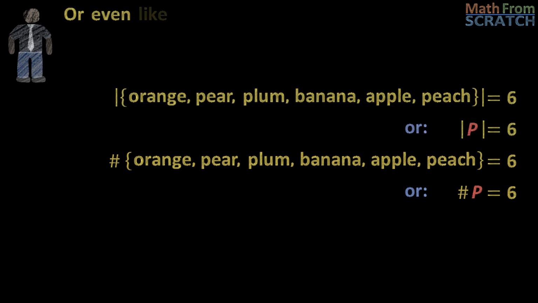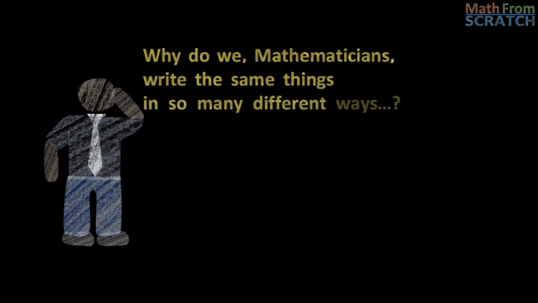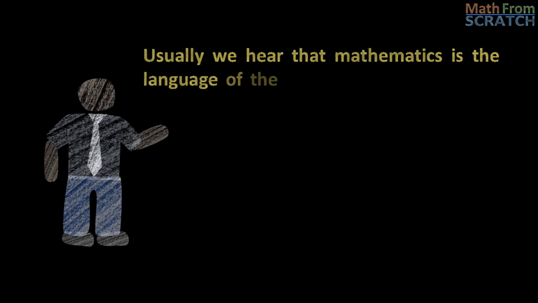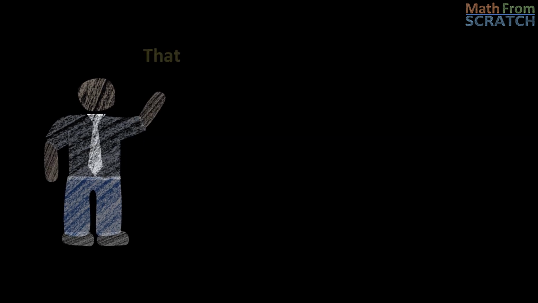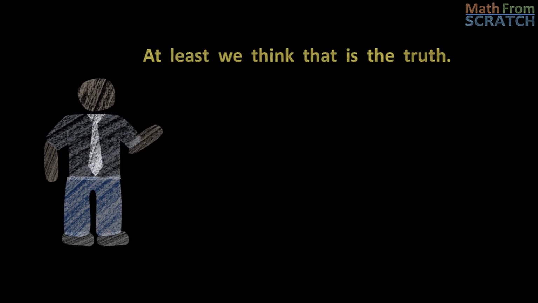Or even, like this. Why do we, mathematicians, write the same things in so many different ways? Usually, we hear that mathematics is the language of the universe, and is the same everywhere, and every when. Well, that is true. At least, we think that is the truth.